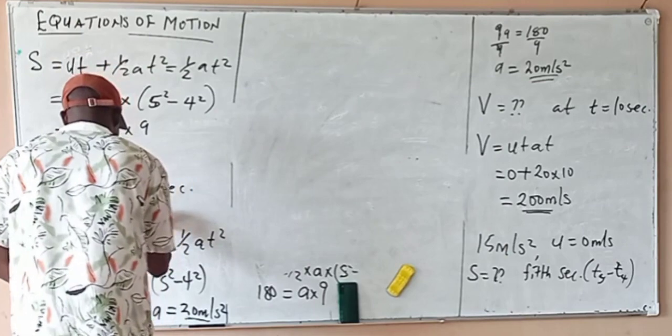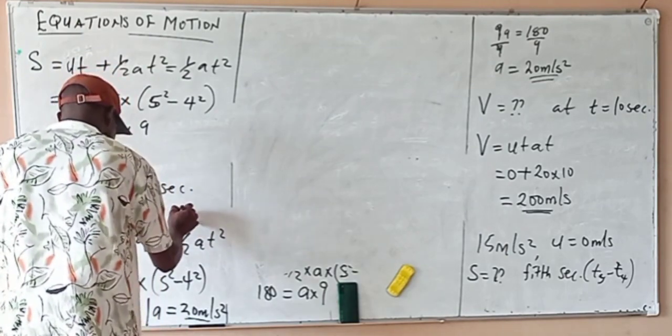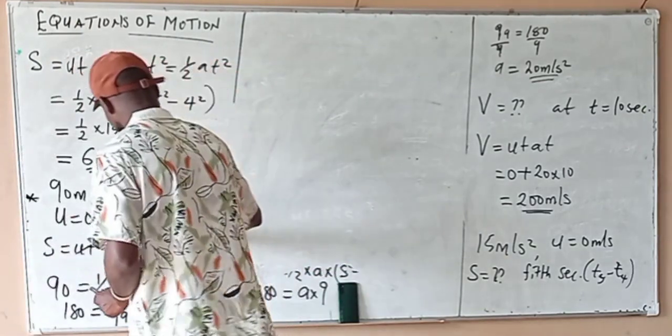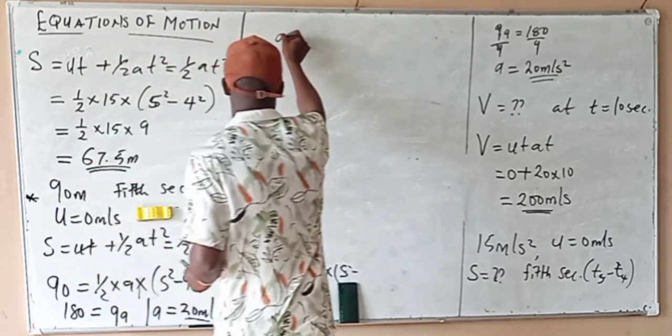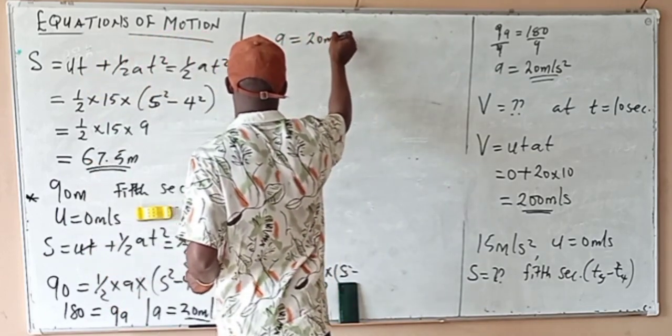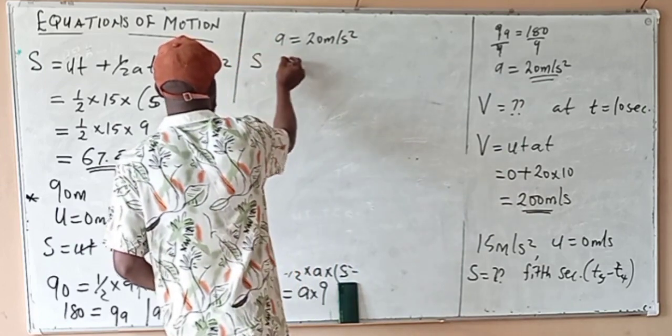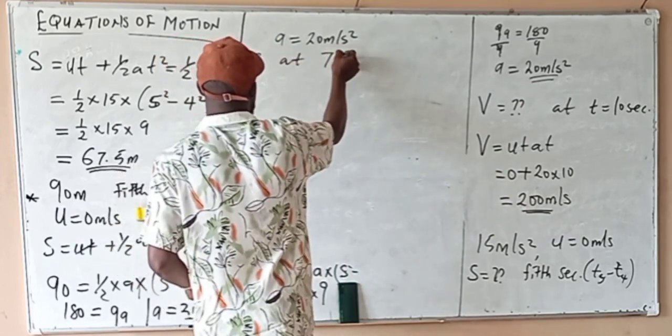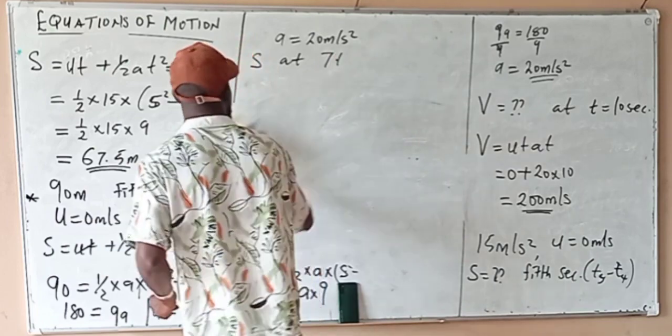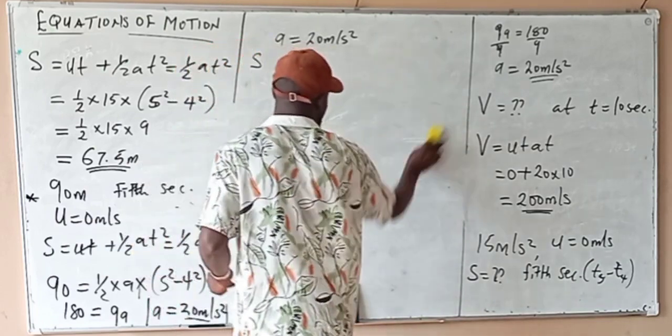Now, if a is 20 meters per second squared, what will be the s at the 7th second?